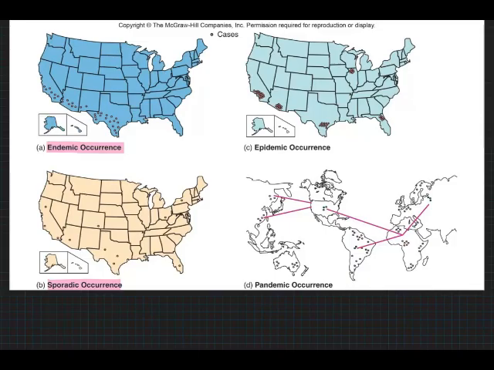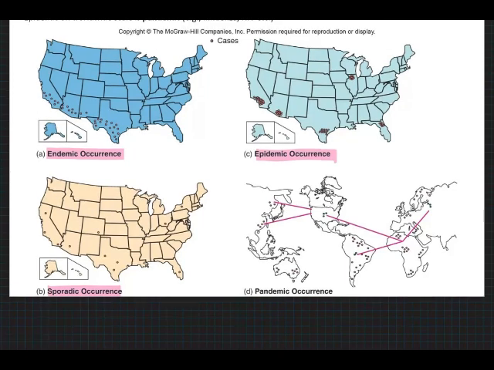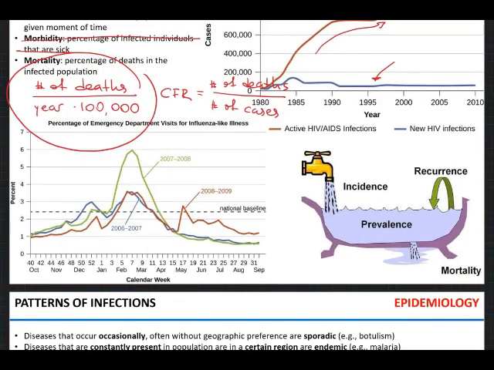Right? Then we have epidemic. Epidemic is when the number of cases significantly exceeds what you expect. So when you look at the graph on the previous slide here, 2007-2008 season was an epidemic season. It was an epidemic of influenza because we have it every year. That year it was bad.